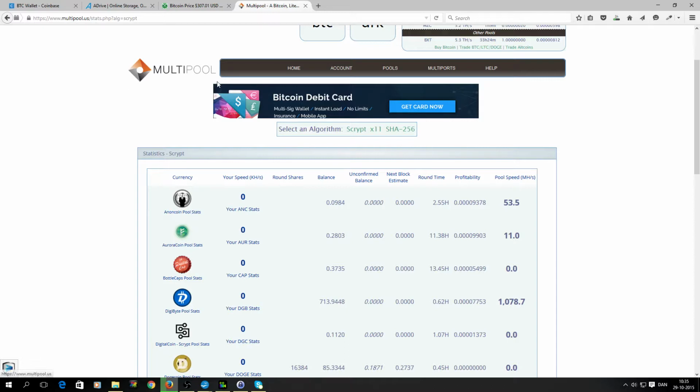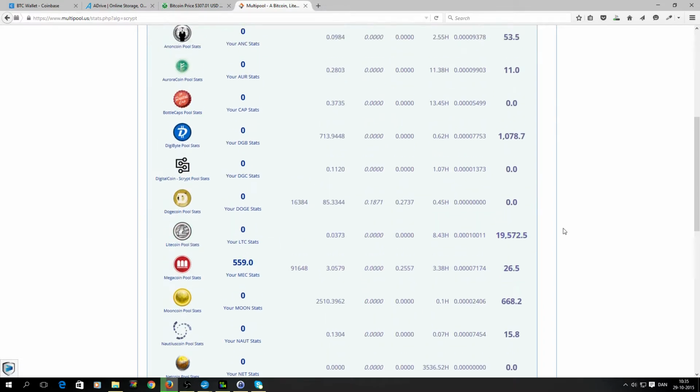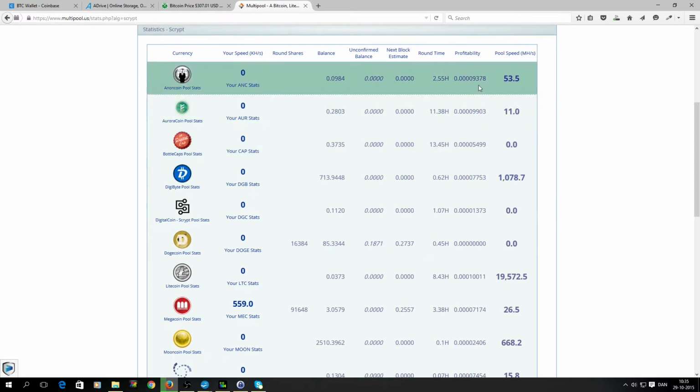Some of the pools, like this one, is a multi-pool. Some of the pools are just dedicated for Bitcoin mining. This multi-pool is a little bad example because I'm mining only Megacoin now, but normally I would put my miner to mine in multi-pool mode, where it will always mine the one with the highest profitability.